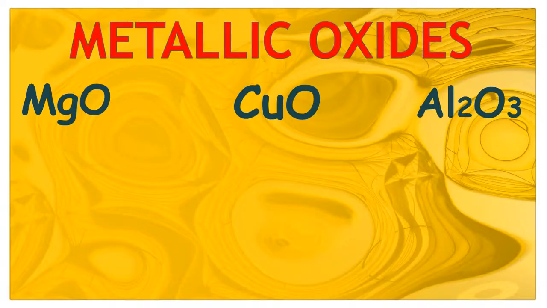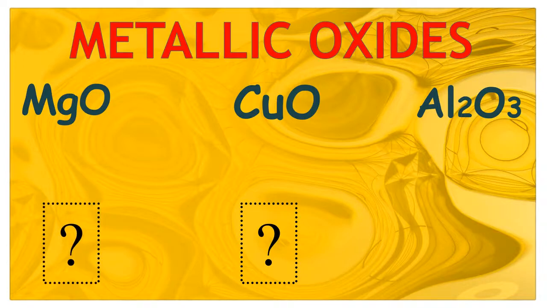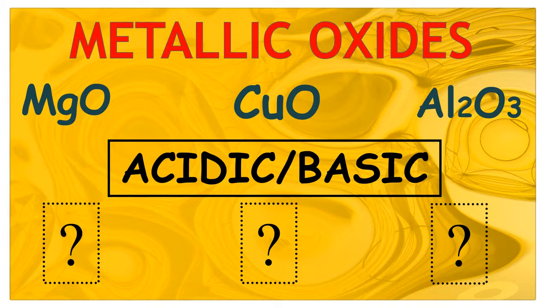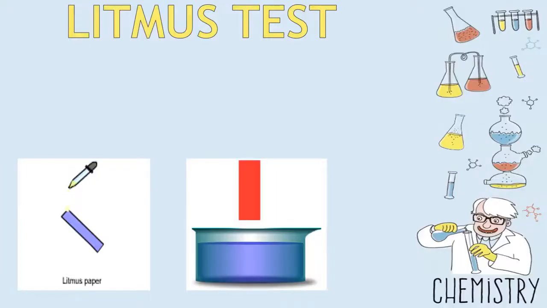The next question that comes to our mind is, are these metal oxides acidic or basic in nature? How do we test whether a particular substance is acidic or basic in nature? We will follow the simple litmus test that we have studied in class 7th.